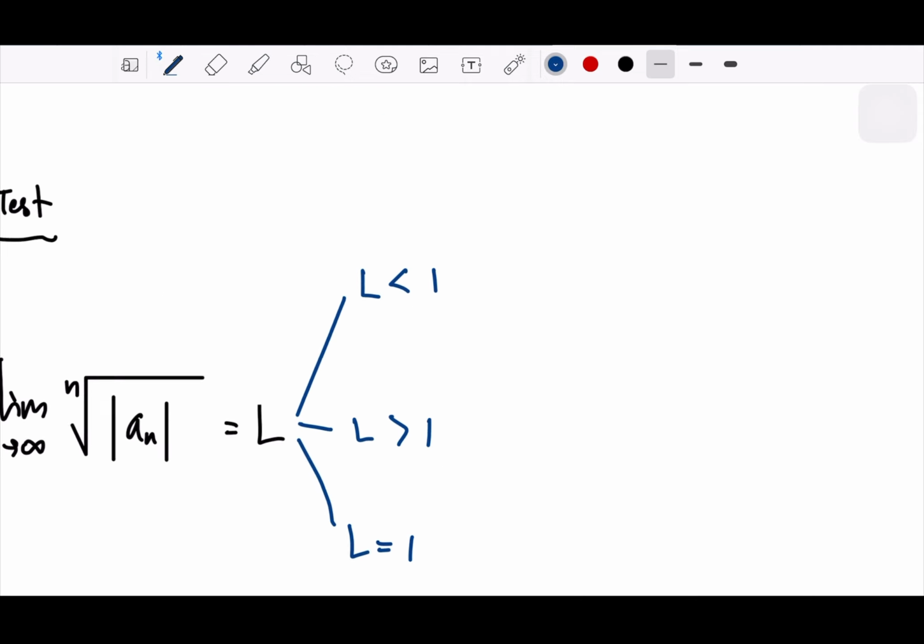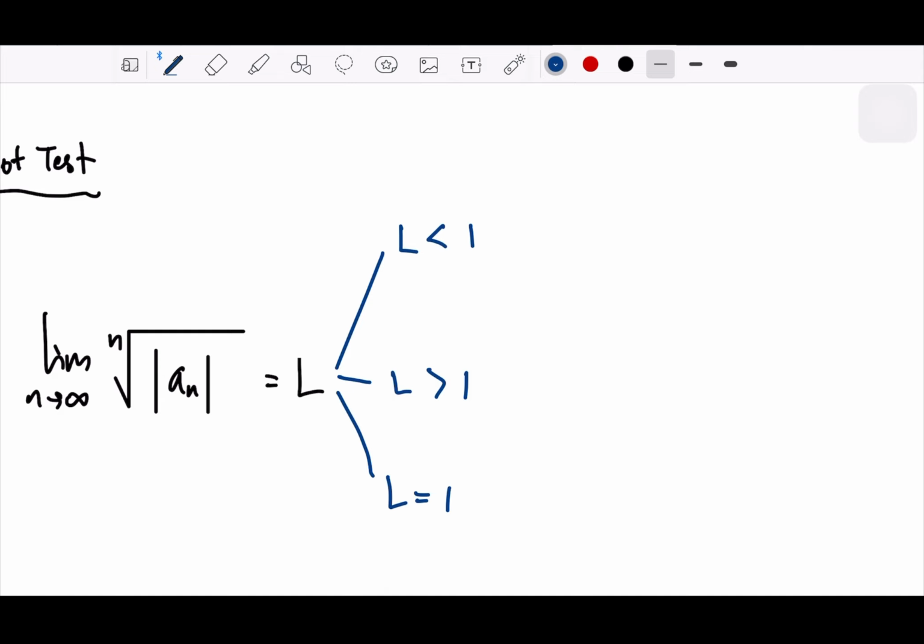The conclusion is similar. If it is less than 1, then the series is absolutely convergent.